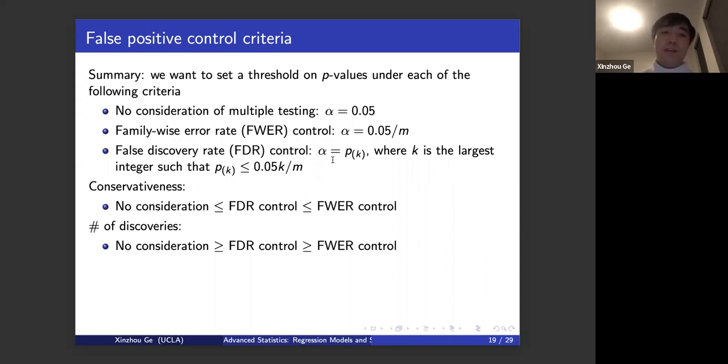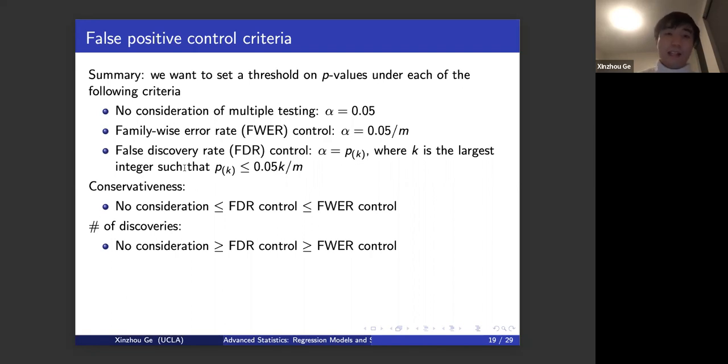If we do not consider multiple testing corrections, we will have the largest number of discoveries. If we use FDR control, or the BH procedure, we will have a smaller number of discoveries. But if we use the Bonferroni procedure, we will have a very small number of discoveries, and in many cases, that number can be as small as 0.